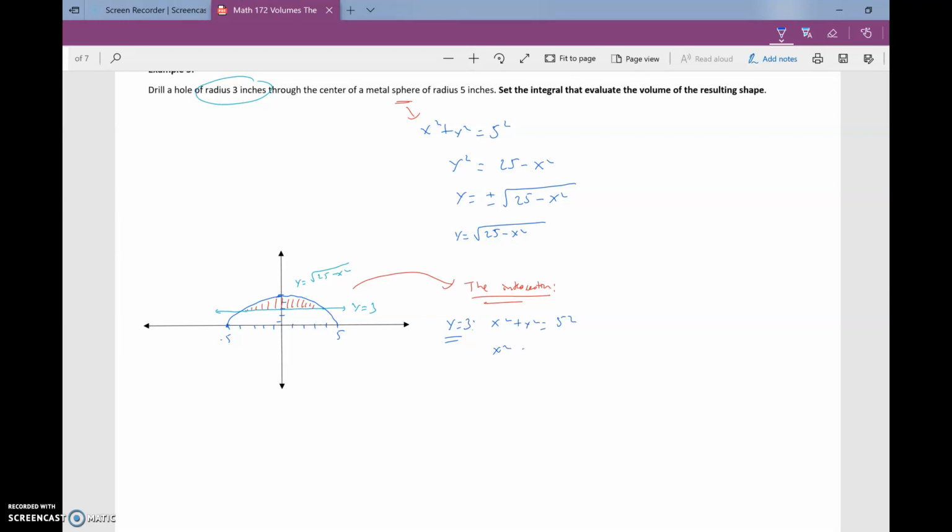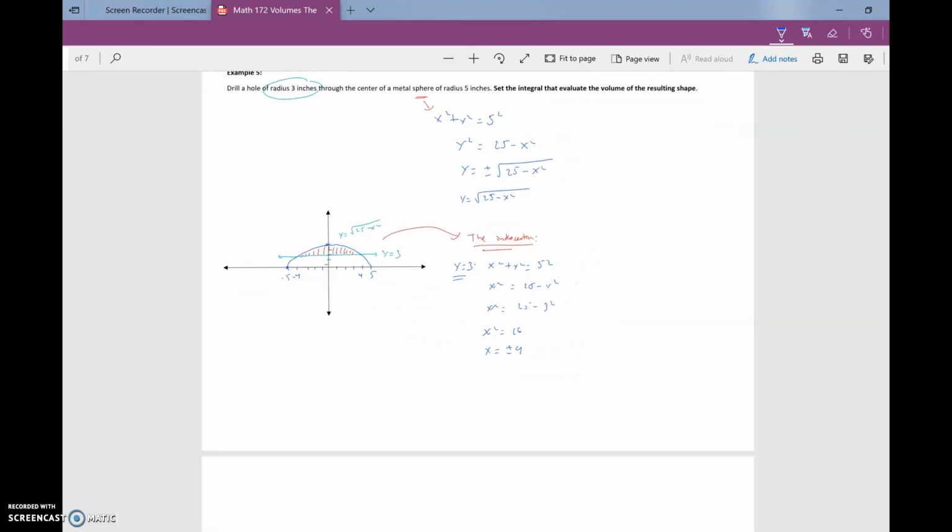So x squared is equal to 25 minus y squared, or x squared is equal to 25 minus 3 to the second. x squared is equal to 16, so x is equal to plus or minus 4. That means this value is going to be negative 4 to 4.